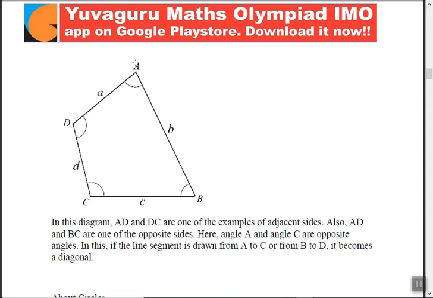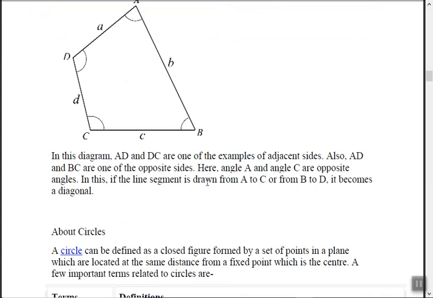We can call the quadrilateral ABCD or BCDA or CDAB, but once we start a sequence we follow that only. We don't call it CDBA or ABDC. AD and DC are adjacent sides, AD and BC are opposite sides, angle A and angle C are opposite angles. If a line segment is drawn from A to C or B to D, it's called a diagonal.